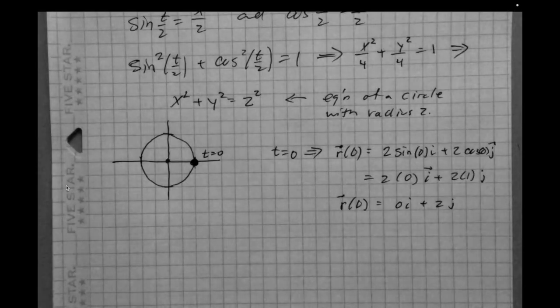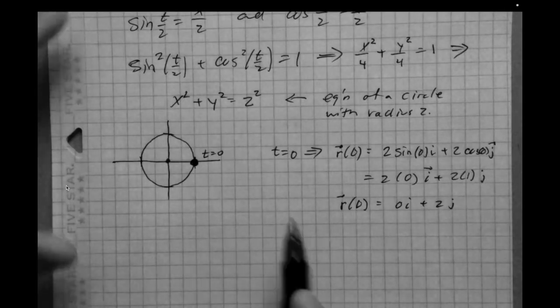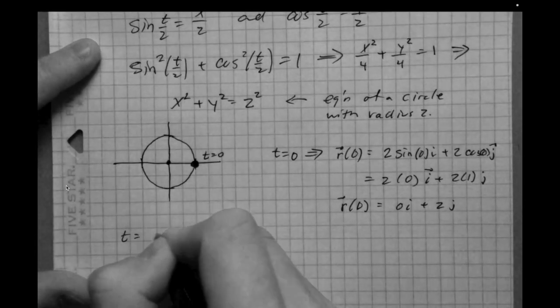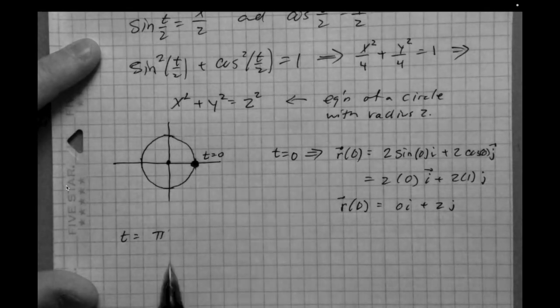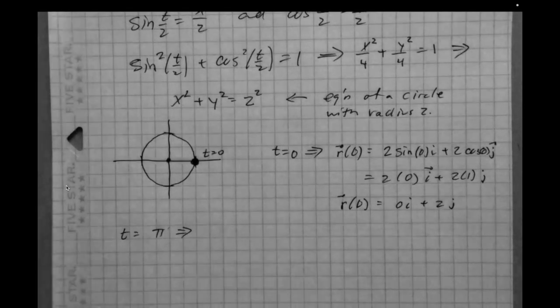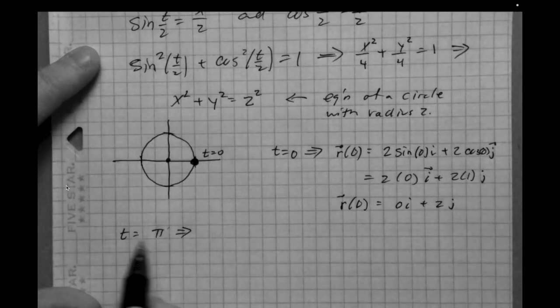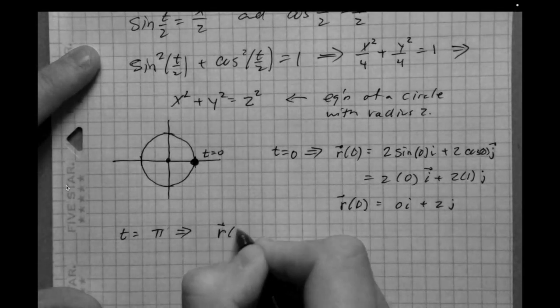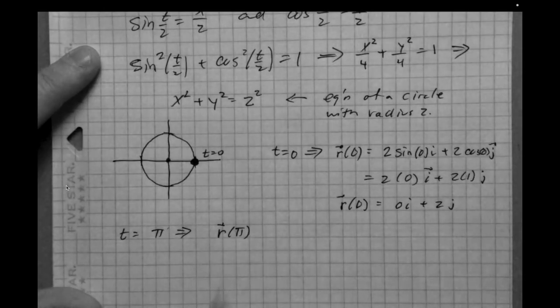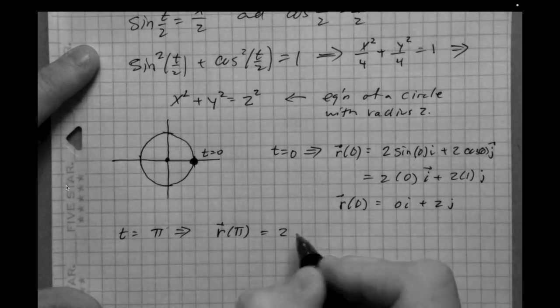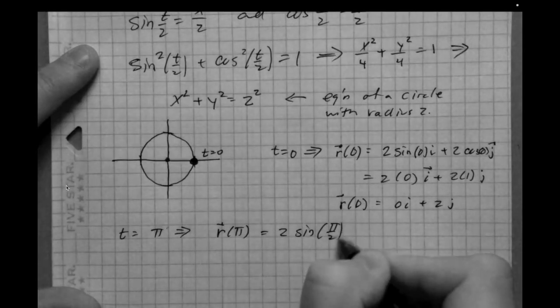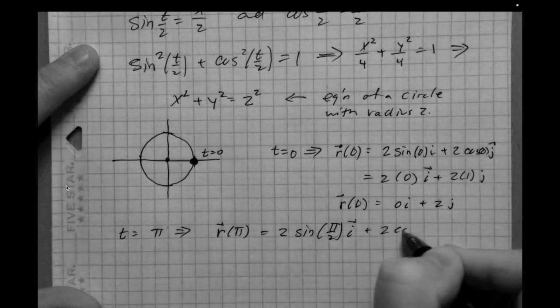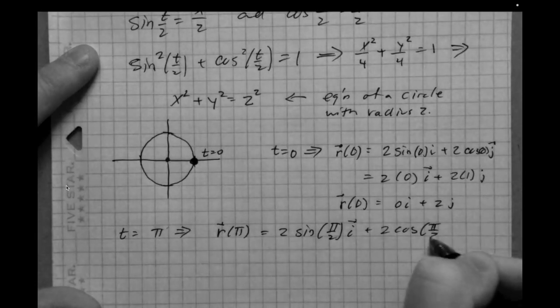Now, what happens when t starts ratcheting up? Because we're dealing with sine functions, let's plug in t equals pi next. Obviously 0 to pi is kind of a jump, but because these are trig functions, you get nice values when you plug in things like pi. So r of pi would be 2 times sine of pi over 2 times i plus 2 times cosine of pi over 2 times j.